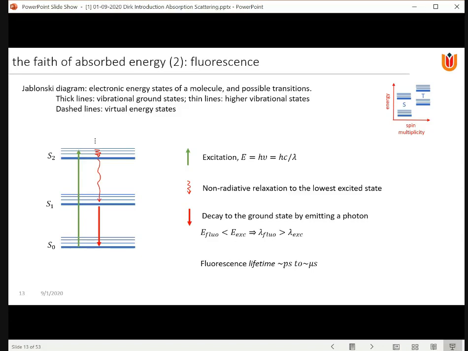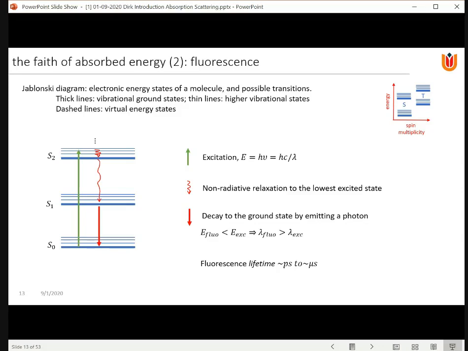So now the energy is not converted into heat, but it is converted into another photon, which is then emitted. So you get new light. As you remember, on the vertical axis of the Jablonski diagram was energy. That means that the longer the arrow in such a diagram, the higher the energy is. So what you can see is that in this case, the excitation photon has a higher energy than the emitted photon.